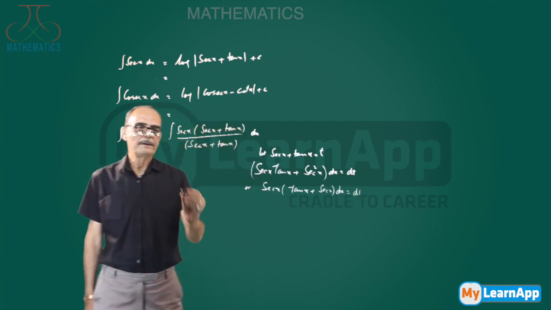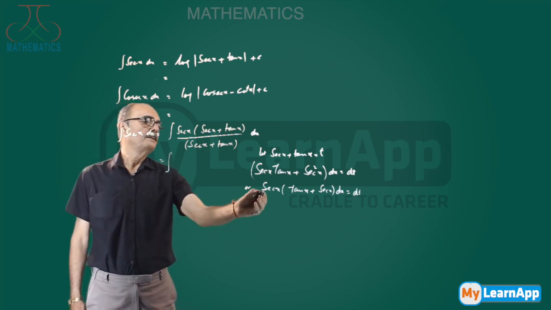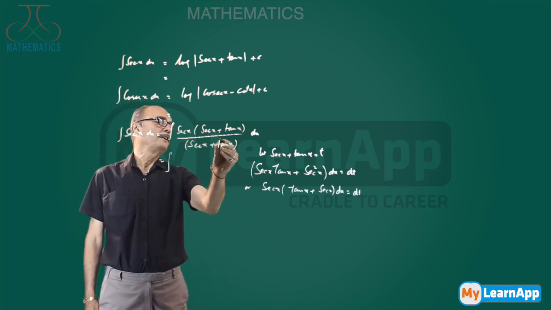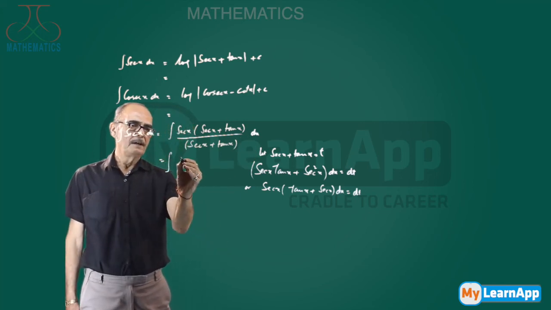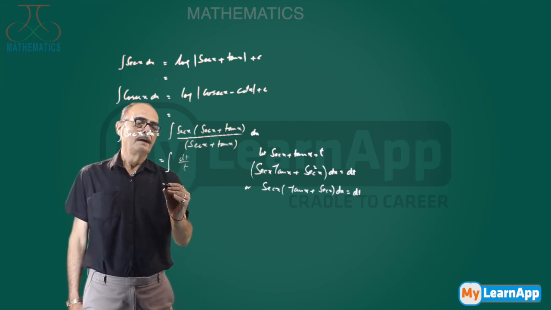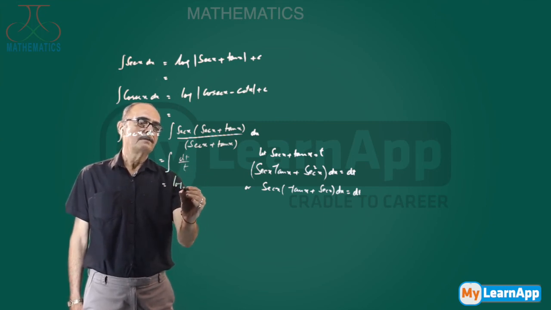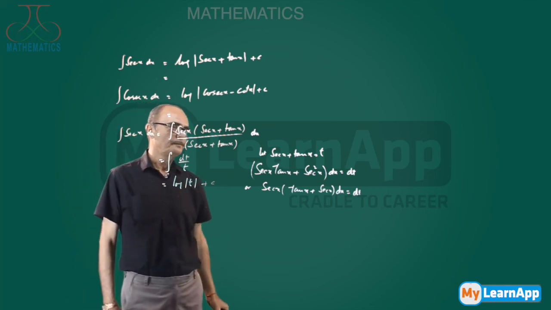So, in the numerator we have secant x into secant x plus tan x dx, which is dt upon t. So this formula is log of t plus c.